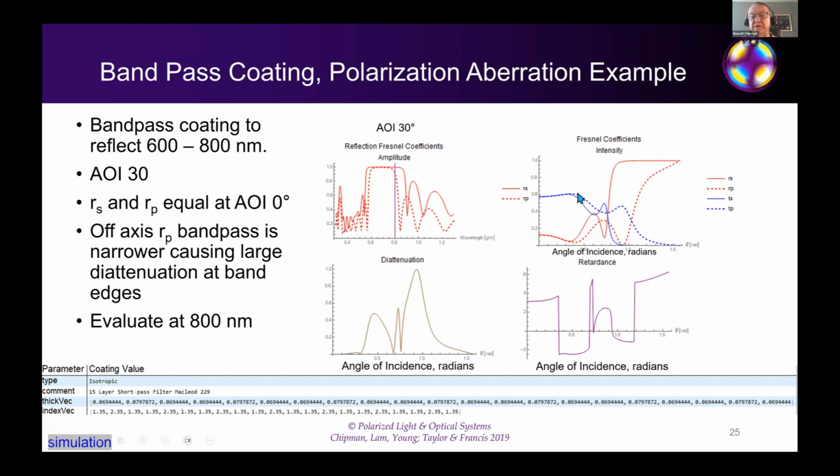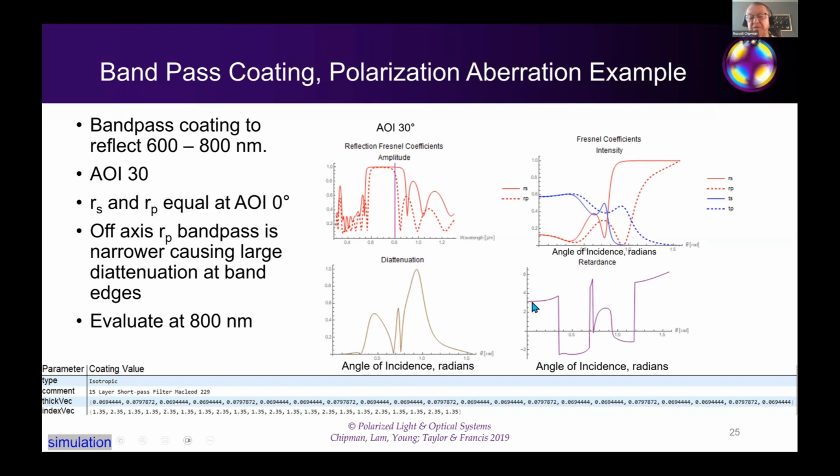So these are the intensity coefficients for RS and RP and TS and TP. And we get this very high S reflectance out here at larger angles, but it falls off around 45 degrees. And so this shows how the diattenuation varies as a function of angle of incidence.